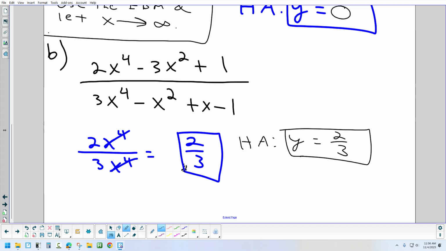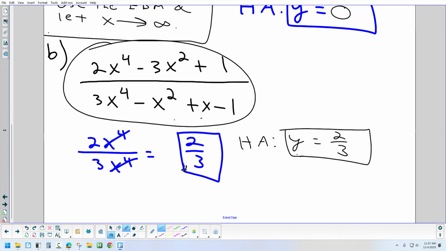Yes, question? Now, if you graph this, would it still show what the ends are supposed to look like? Yes. If you graphed all of this, it would take a while to type all that in, but if you typed all of that in, and then you typed in this, and you don't look at the middle, but you just look at the edges, these two graphs would look identical. I mean, you might have to zoom out, maybe all the way to -50 and 50, or -100 and 100.